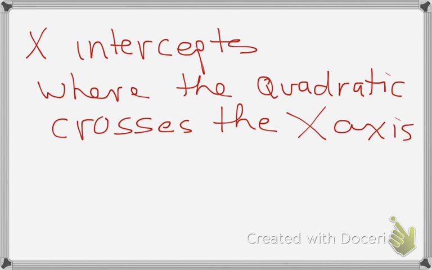Because remember, we were graphing these using the vertex formula and finding the line of symmetry and mirroring it. So what we're doing by setting it equal to 0 using the zero product property is finding where the quadratic crosses the x-axis.